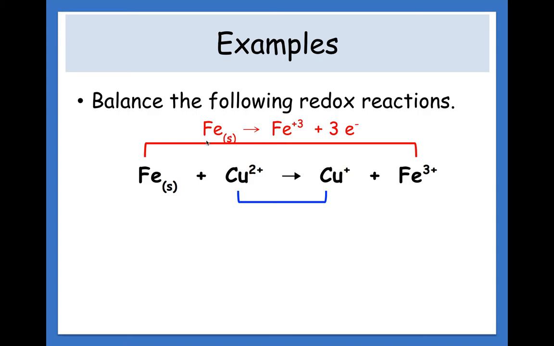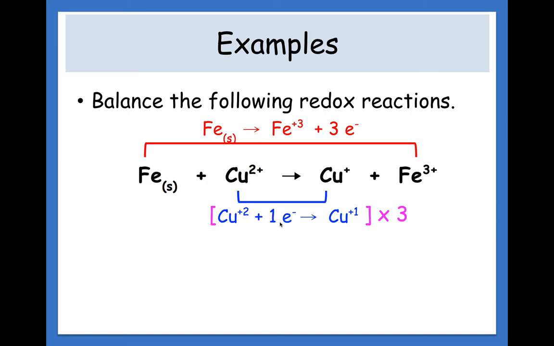Or you could identify that this charge went up, so that was the oxidation part, and we know that oxidations have electrons on the right because oxidation is loss. And then here's your reduction. This is copper 2 plus, and it's gaining 1 electron and going into copper plus. So now your factor here is going to be a 3 because you have 3 electrons here, and then you have 1 electron here.